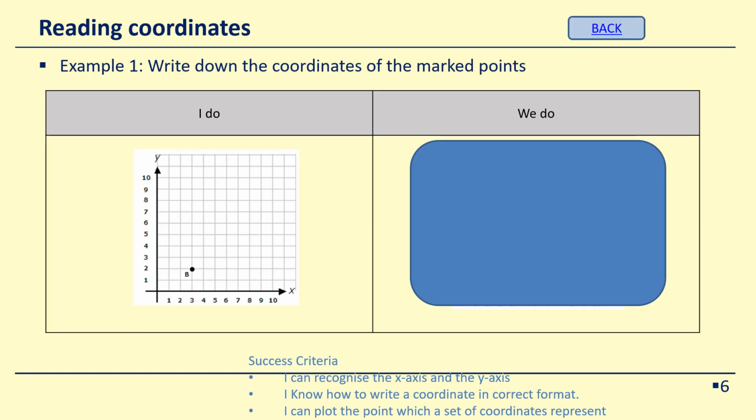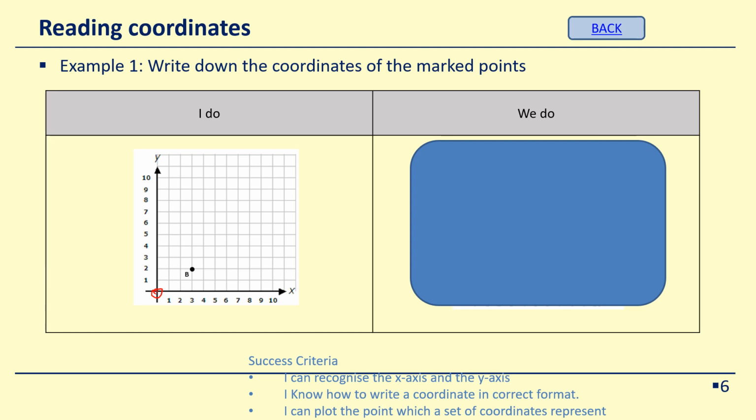Okay, so reading coordinates that I do, I've got a graph here and a point B, and I want to write down the coordinate of that point. So remember, we go along the corridor and up the stairs. So x first, y second. So starting from here, this is called the origin.